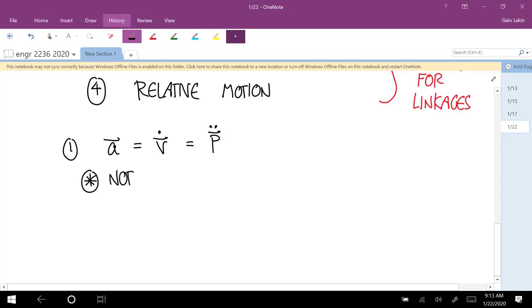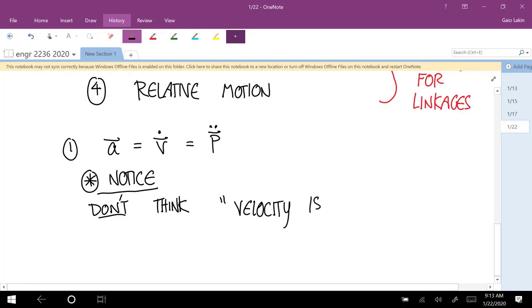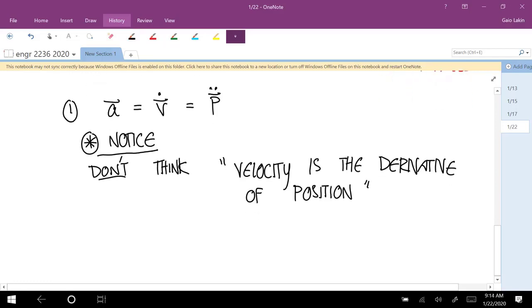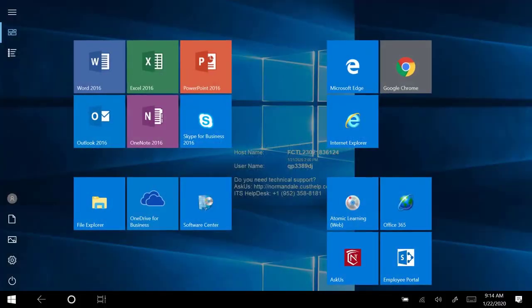So the one main thing that you have to understand about this is that you don't want to think, for example, velocity is the derivative of the position. It has to be a time derivative.